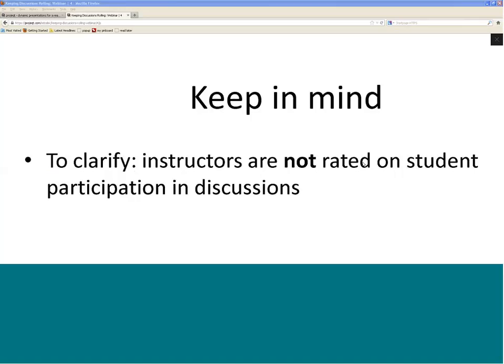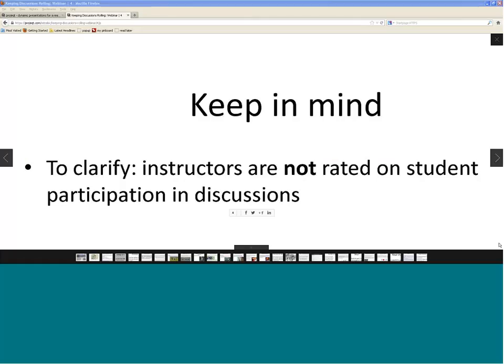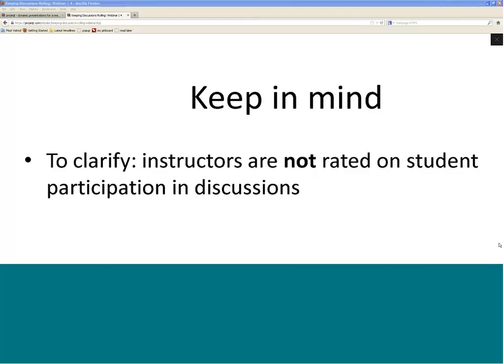If an instructor is meeting those rubrics that Liz just talked about and providing a substantive discussion experience for the student, re-engaging them, acknowledging what they're saying, being present. If an instructor is doing those things that are called for in the QA rubric, that's what gets evaluated in the QA process, not whether the students are responding.